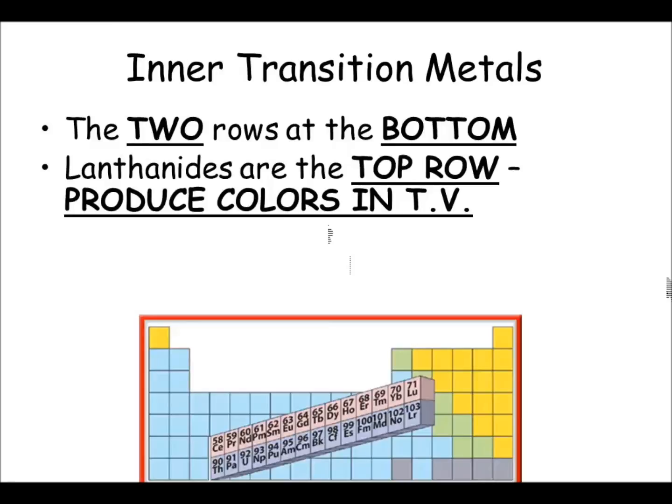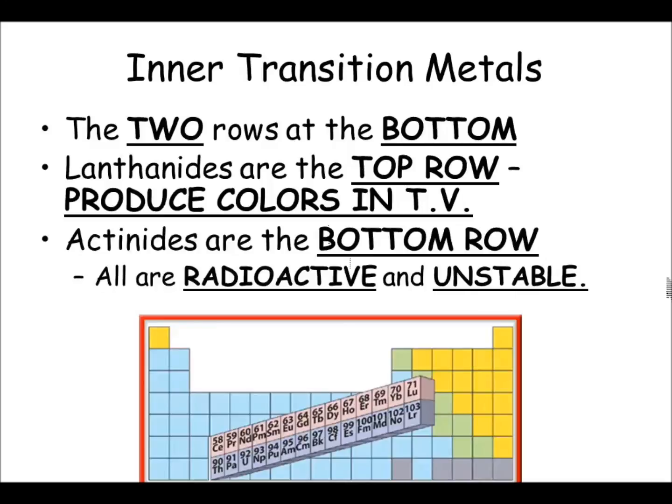The top row is called the lanthanide series, and one use for these elements is to produce colors in TVs. And the bottom row is called the actinide series, and all these elements are radioactive and unstable. Radioactive, remember, means they break down really fast, and they are bad for us.